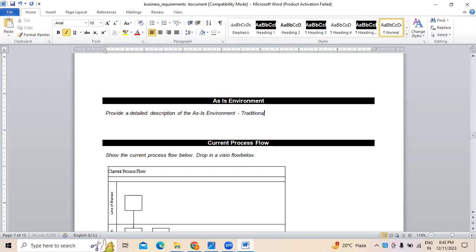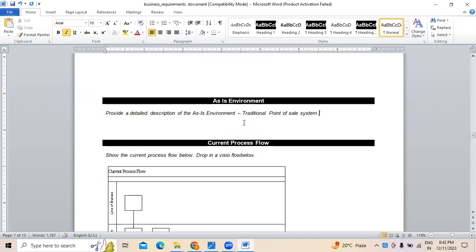This diagram I'll show you in the next session, how to prepare the diagrams. Now I'm not writing anything here or creating any diagram; in the next session I'll tell you.